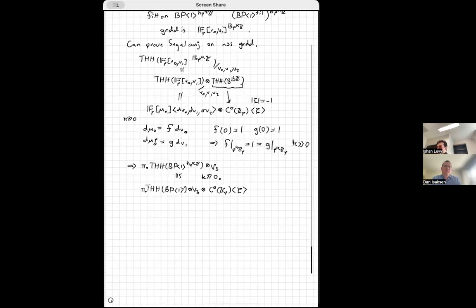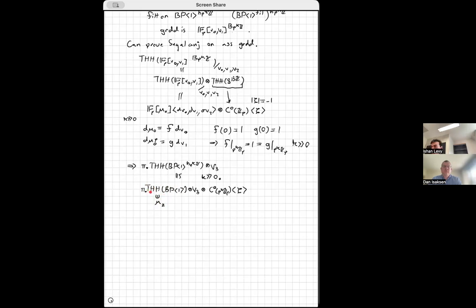Okay, so this is good for the following reason. Recall that we have an element mu inside of here, this mu2. This is the element that we used to prove canonical vanishing. Sorry, this should be p to the k Zp, not just Cp. So we have this element mu2, and co-fibering by it on THH of BP1 gives something bounded above.